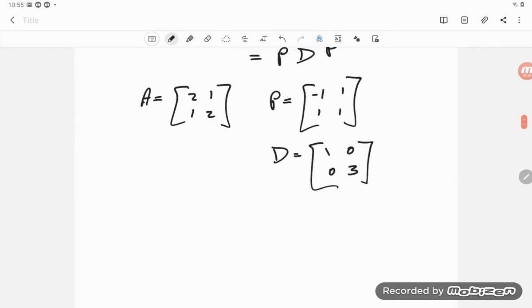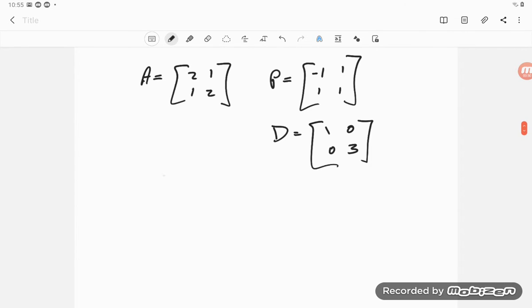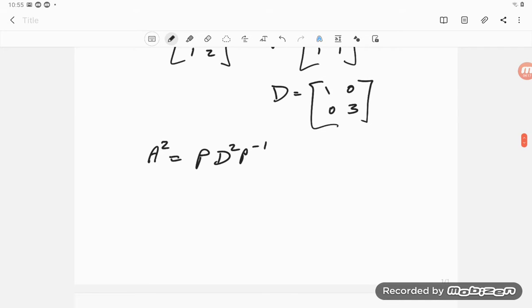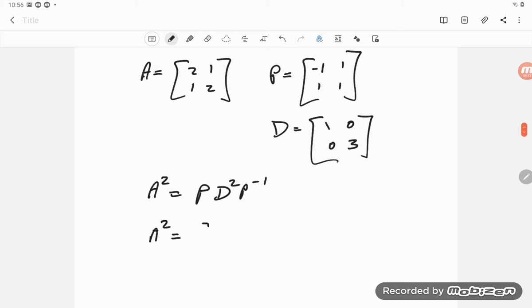And so this means that, for instance, A squared should be PD squared P inverse. We'll need P inverse in a minute, but let's look at A squared and actually do that.